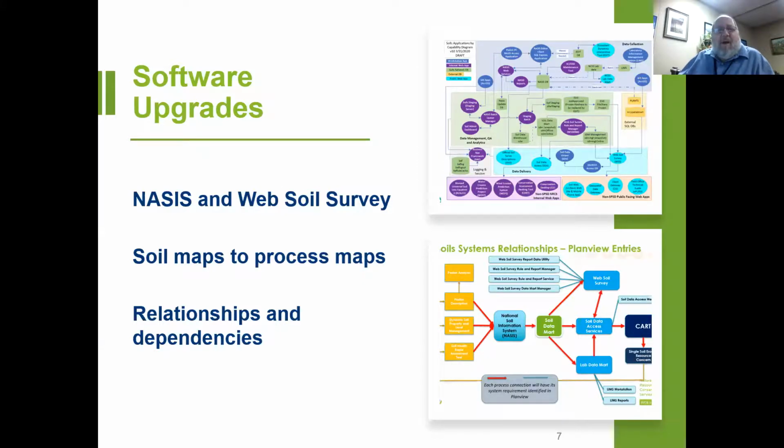So if a program is going to be changed that calculates dairy effluent pond size, something like that, if it needs soils data, we want to make sure that we have a soils data delivery system that will support that new application, so that we're not always just funding the newest and shiniest applications out there, but we are funding all those other systems that get data to it and that use data from it. So we're looking at a more holistic approach to how all of the software and data that we have out there are related and what their dependencies are.